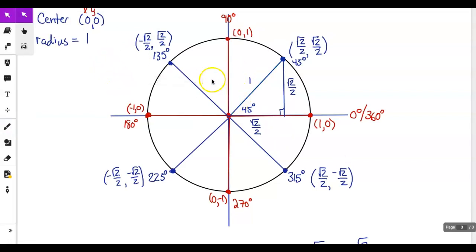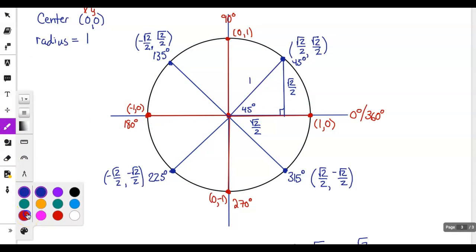Okay, so I showed you how we got the points on the unit circle for the angles that are 45 degrees from the x-axis. I should also mention that the angular distance from this ray to the x-axis, that being 45 degrees, is called a reference angle.